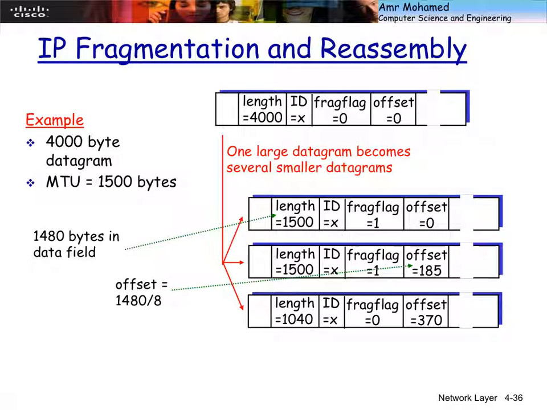Remember, this 185 has to be multiplied by 4 to know at which location exactly in the original packet that this fragment should be put at. So this fragment offset will allow me to put the fragment in the original location to form the actual packet.